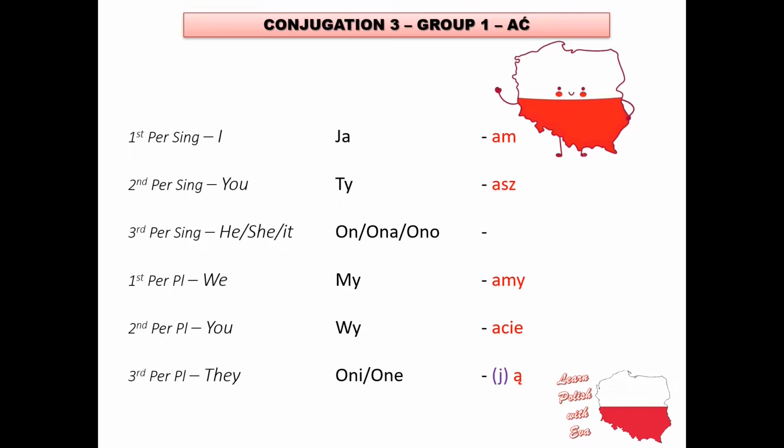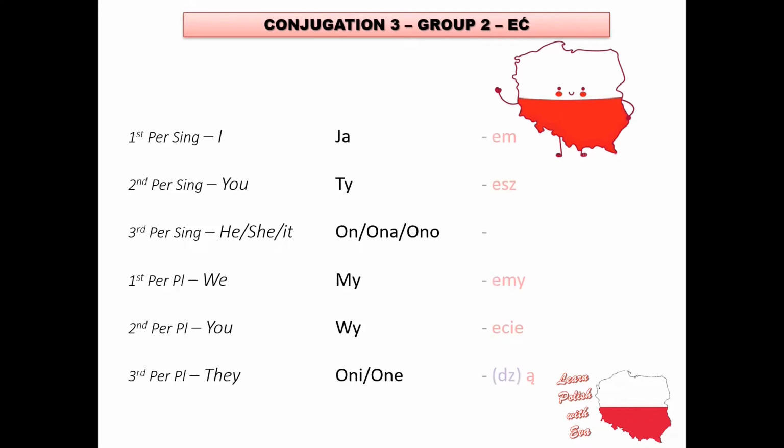And then my, which is the plural of we: amy, acie, and ją. As we can see in the third person plural, there's always that Polish letter ą. However, some of the verbs will also have the J letter added. And as usual, in the examples, we will see more. But before we get to the examples, we will have a look at the second group.